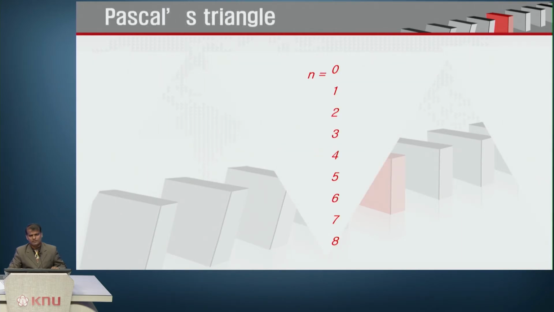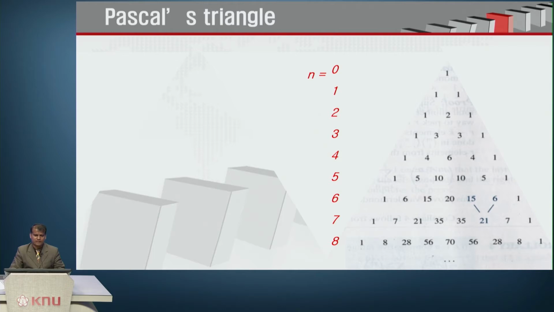Now we will talk about Pascal's triangle. The basic idea of Pascal's triangle is a kind of geometric version of Pascal's formula, and it is also called an arithmetic triangle. It has been used for centuries.